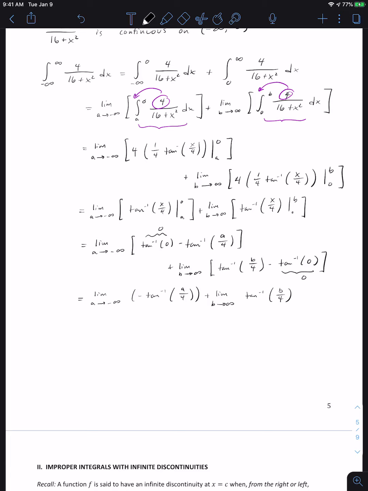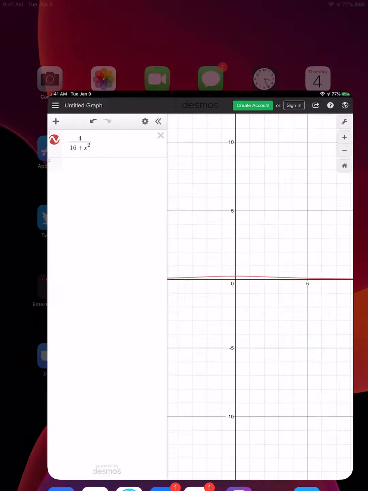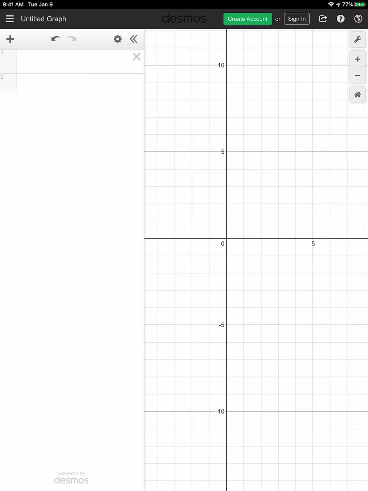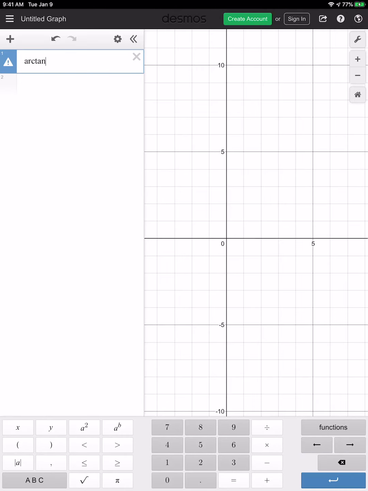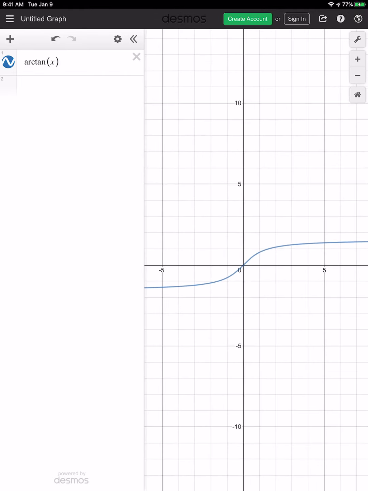Okay, so now we need to know something about tangent inverse, right? And so what does tangent inverse look like? I'm going to write it as arctan in here because I think that's the way they like it. So arctangent of x looks like this function, right?